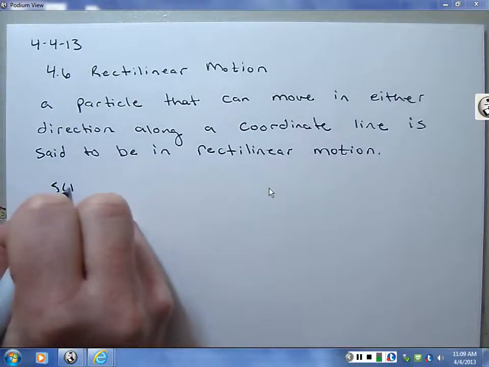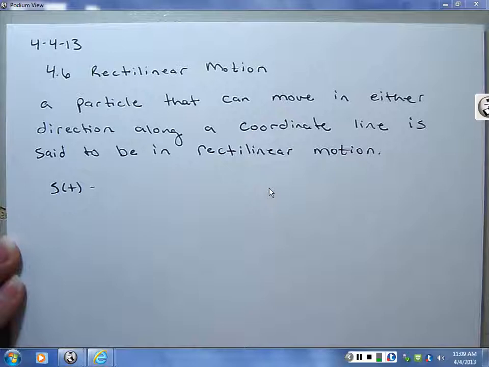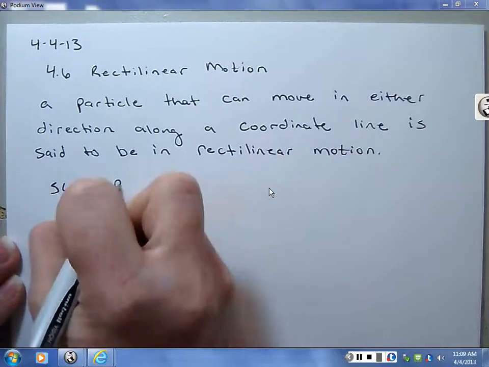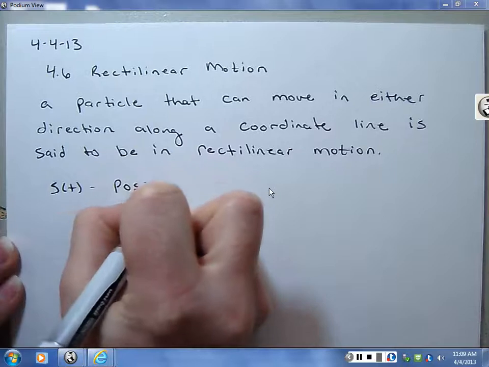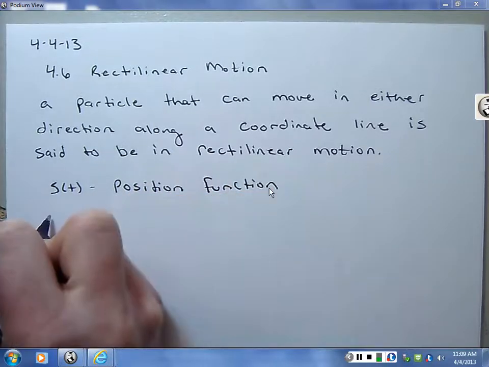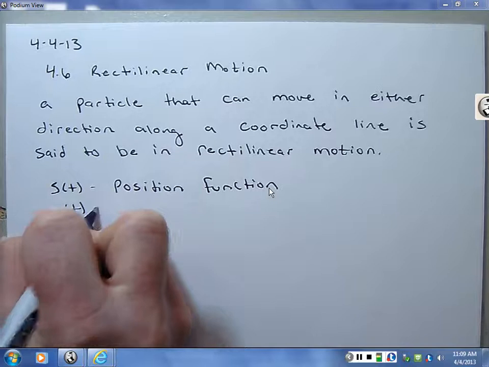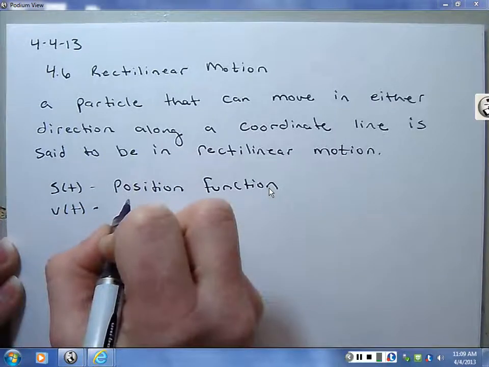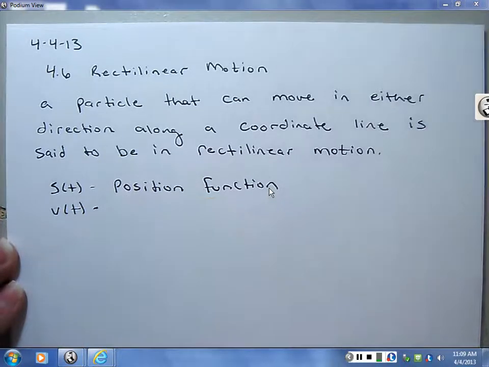your book gives names to functions. So if I call s of t, that's a position function. V of t is a velocity function.